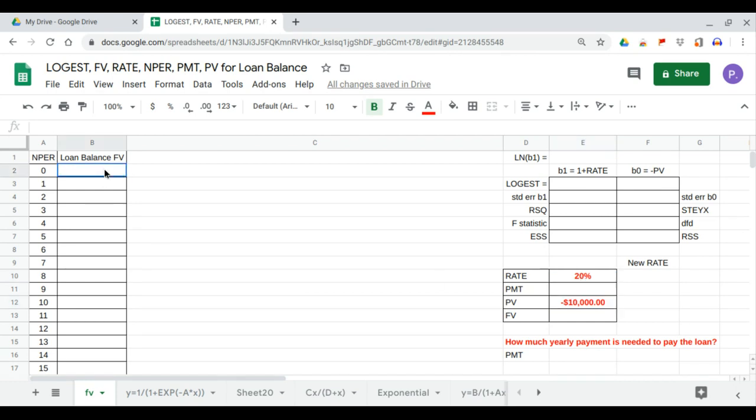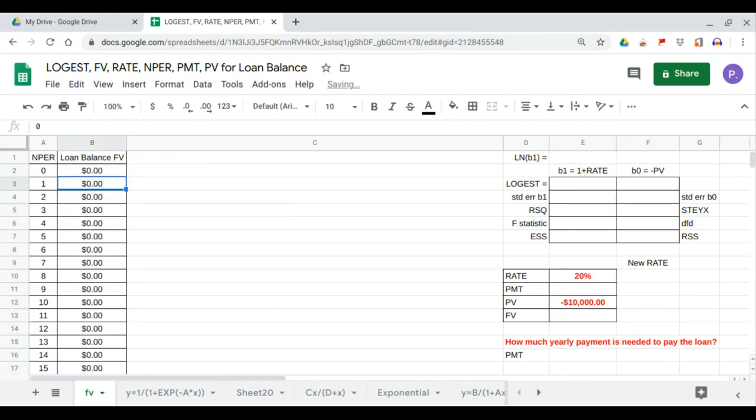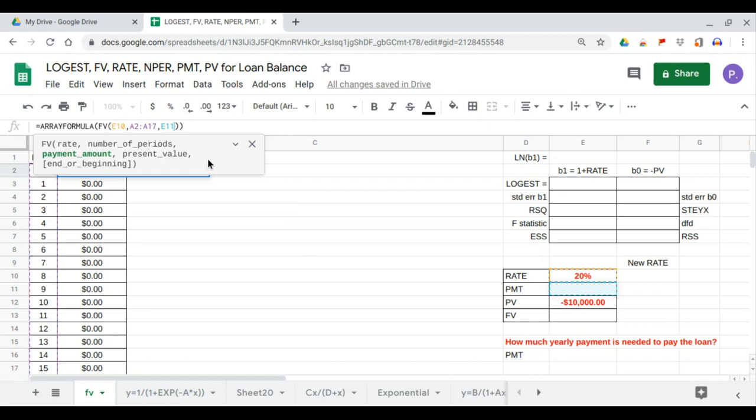So we'll generate the data set for the next 15 years, with the formula FV of the rate. The number of periods will be this column. The payment amount will be this cell, and the present value will be this cell.